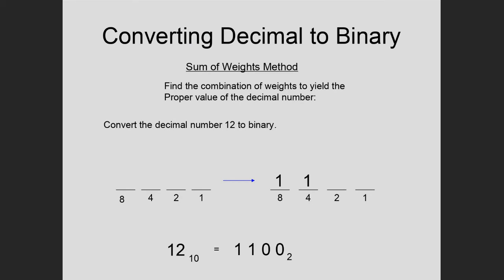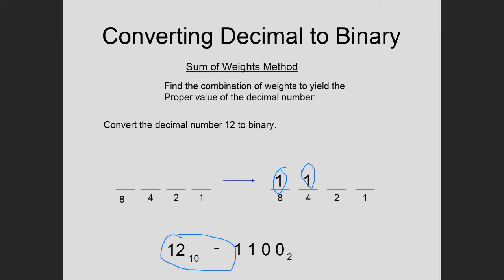The point of this is that once you have these positions down here, the weight of each position, then it's easy to take a small decimal number like the number 12 and figure out what it would look like inside of a digital device. You always start with the biggest weight first. In the 12, I have an 8, so I need one of those. I have a 4, so I need one of those.